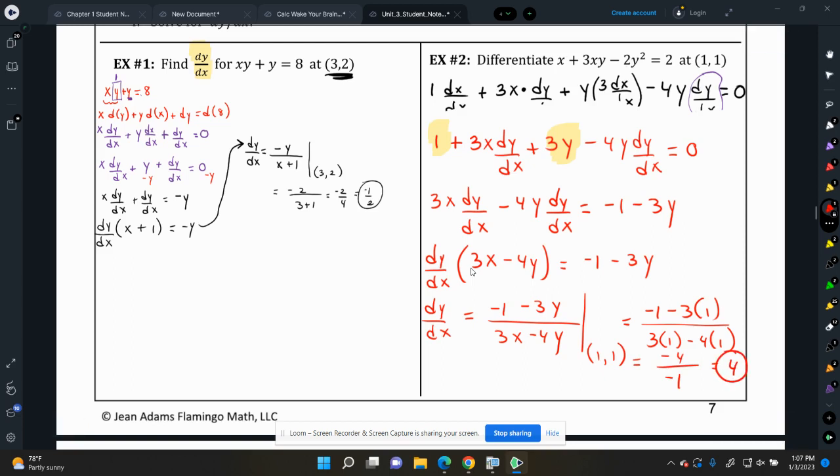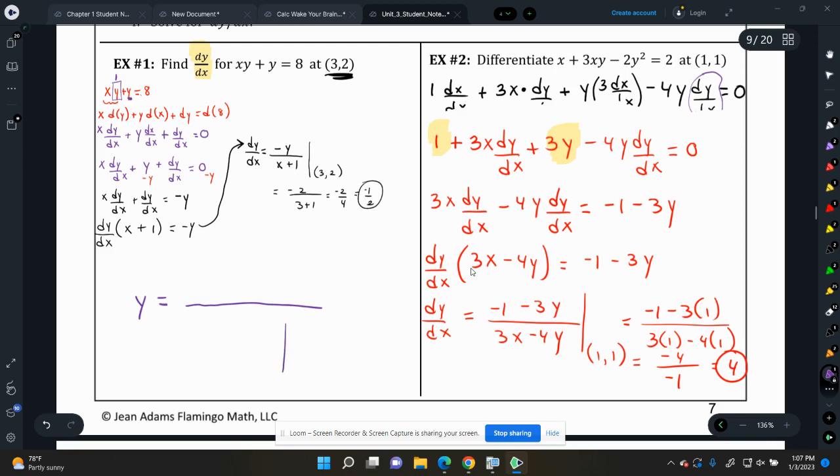Now, if I were able to isolate or rearrange this formula, it can be done. It's just a lot of work. If I could write the formula as y equals something, right? Then when I graph it at the point 1, 1, it's going to have a tangent line with a slope of 4.